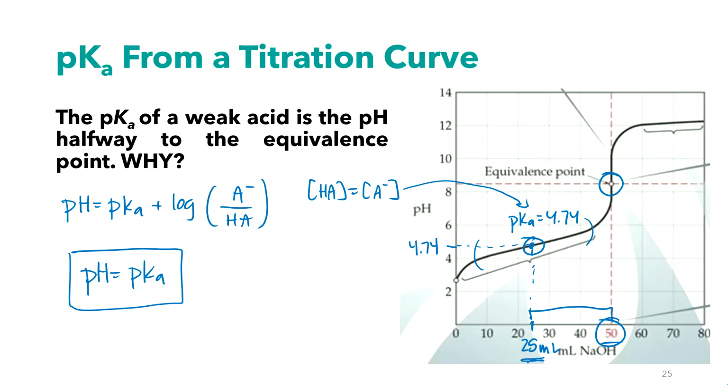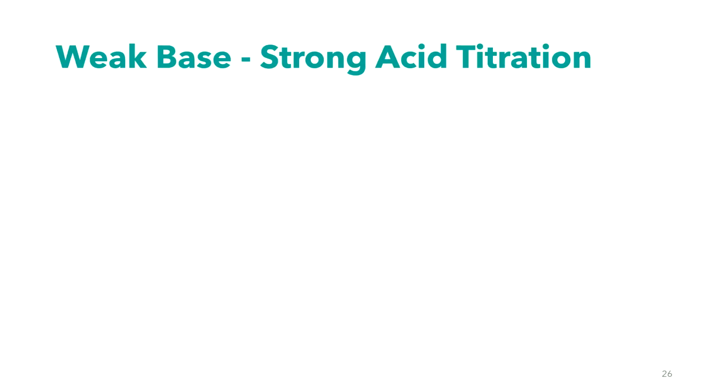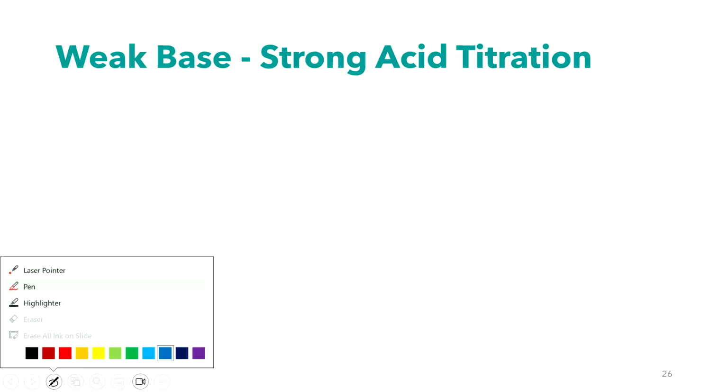All right, let's quickly draw out what a curve would look like. I think this is what I want to do next: a weak base, strong acid titration. We're not going to do this in full. I think I assigned you a fairly long Pearson problem where you do what we just did, those 4 different steps, but for a weak base and strong acid. But let's predict what your graph is going to look like.